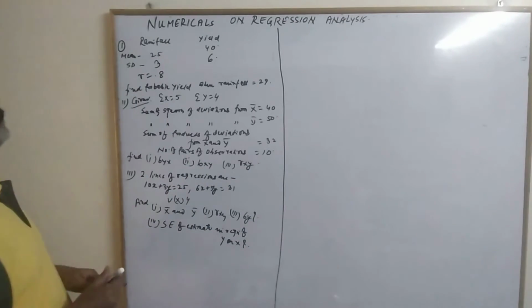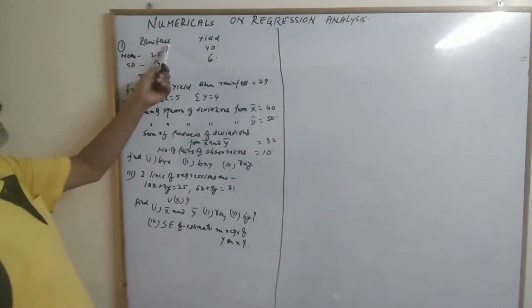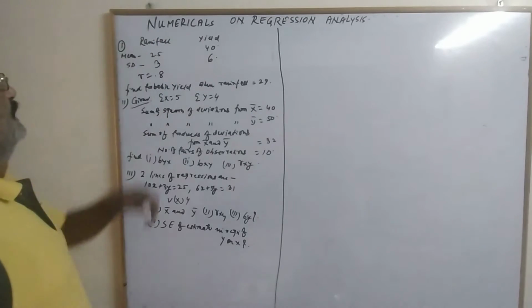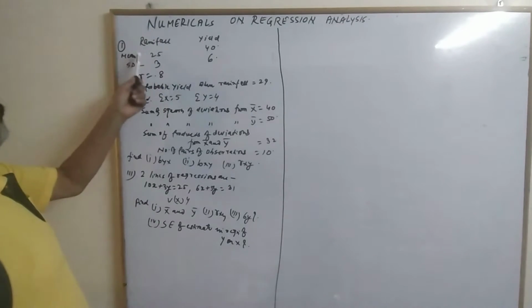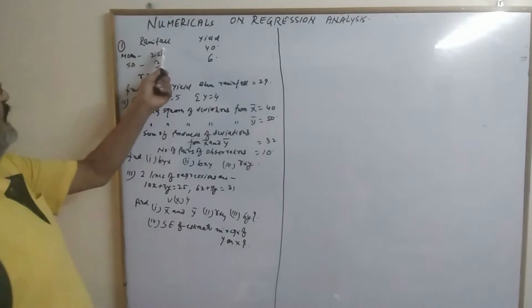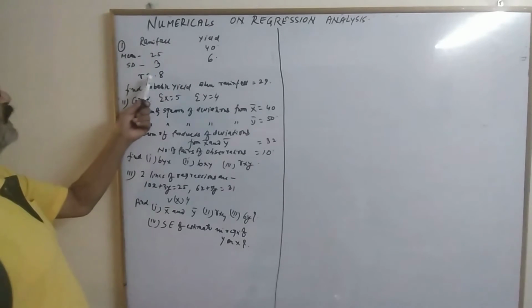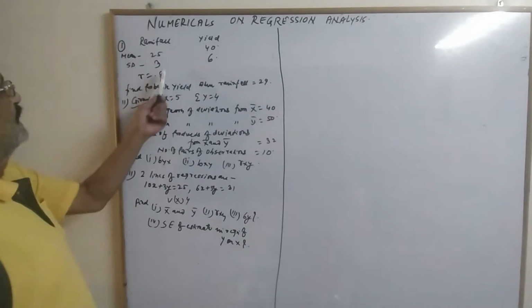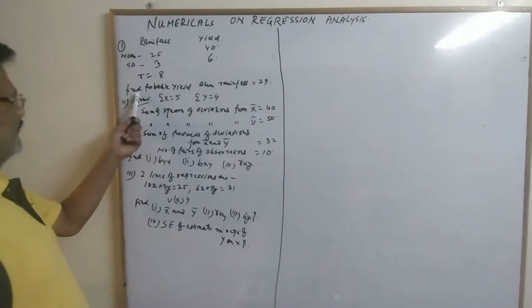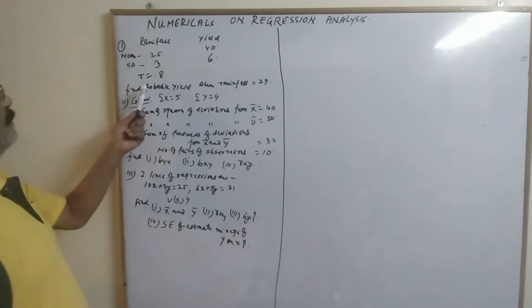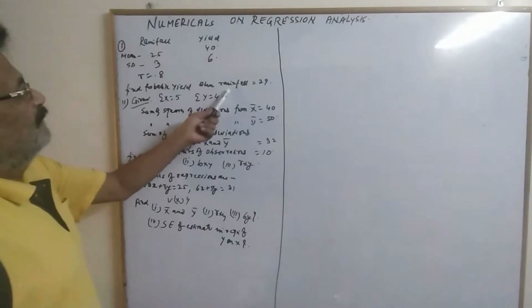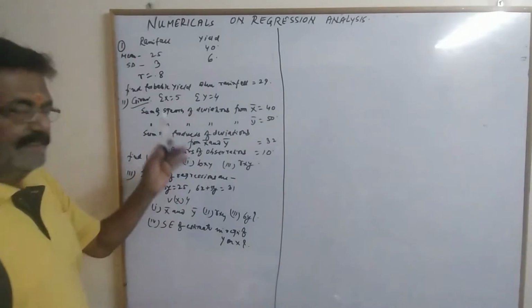The first sum is: we have the given data, rainfall and yield. We have the mean and SD of rainfall and yield. Here the correlation coefficient between rainfall and yield is given as 0.8. Then it has been asked to find the probable yield when rainfall is 29. So this is what the sum is.